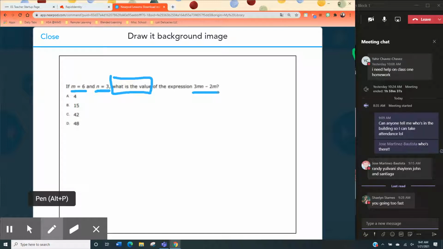I'm going to start by rewriting the expression that was given to me, so that I can slowly plug in the numbers that they gave me.